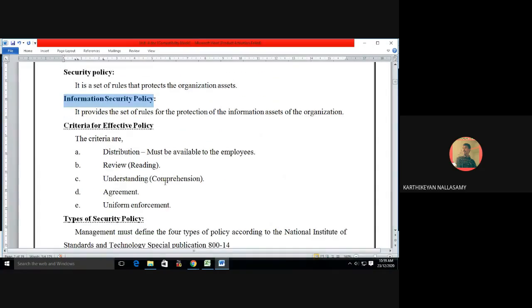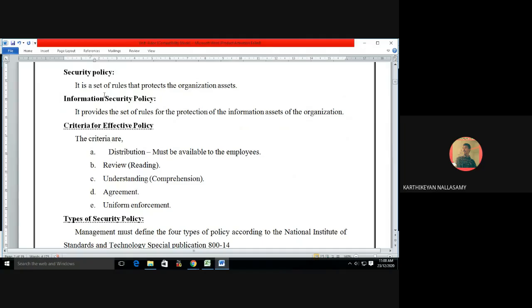And the next thing: for a policy to be effective, these are some of the basic constraints we must follow. One is distribution: everyone in an organization must know about the policy. The next one is review: once the policy is implemented, we continuously monitor behavior, and if there are any changes, the policy needs to be upgradable.